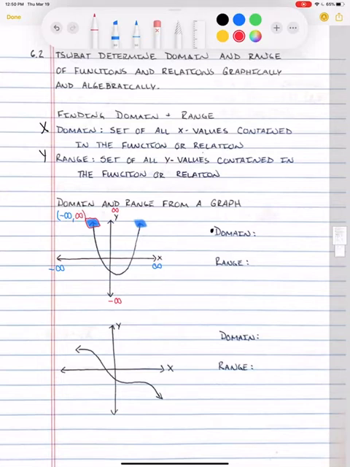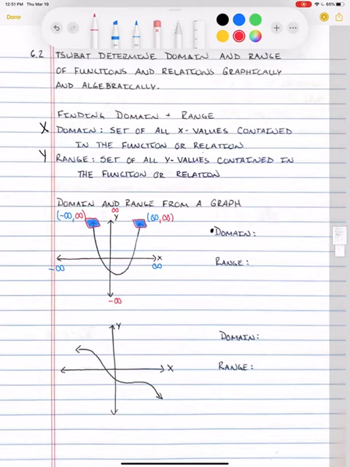Same thing on the other side. This arrow is going to the right. The right side of the x-axis is positive, so it's going towards positive infinity. Then the arrow is also going up. Up means it's going towards positive infinity.